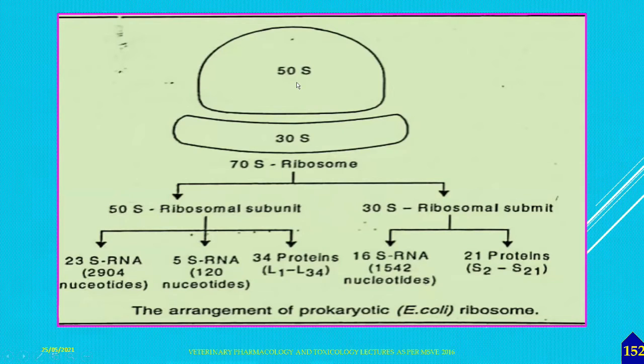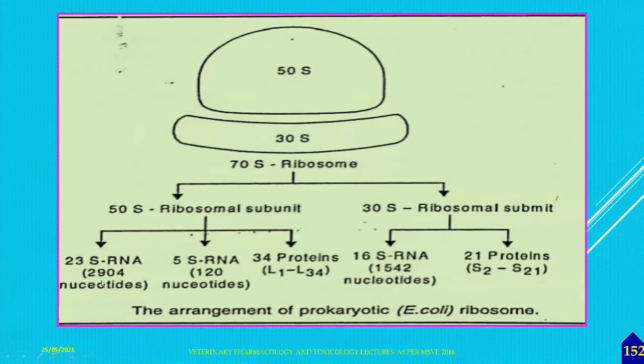The 70S ribosome contains the 50S and 30S ribosomal subunits, and the 50S is divided into 23S RNA, 5S RNA, and 34 proteins.